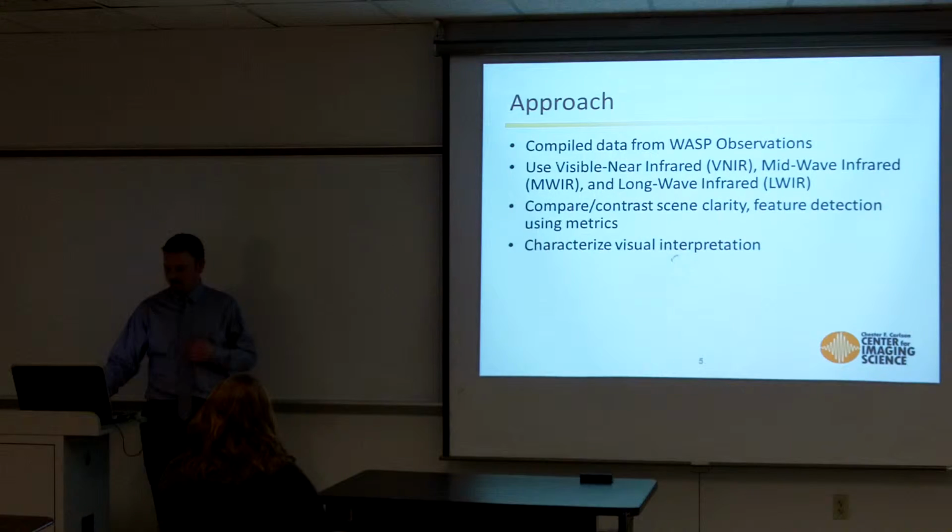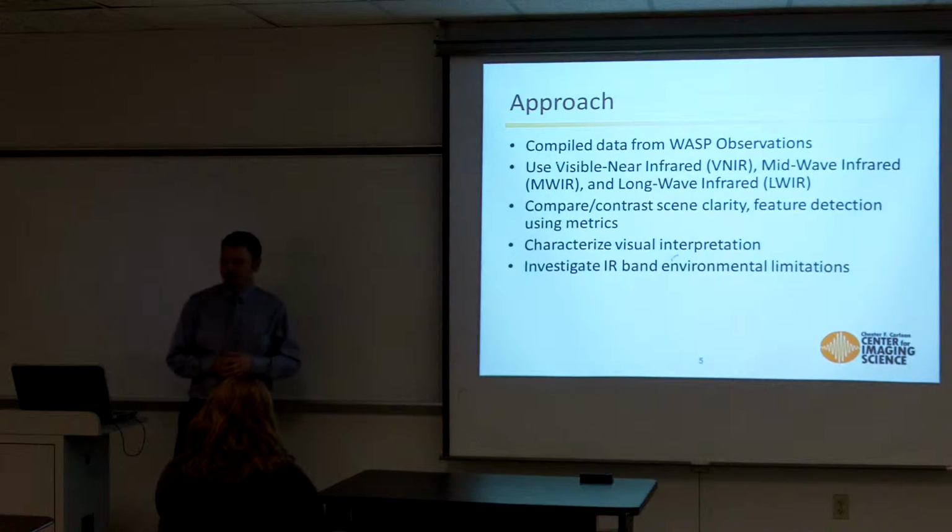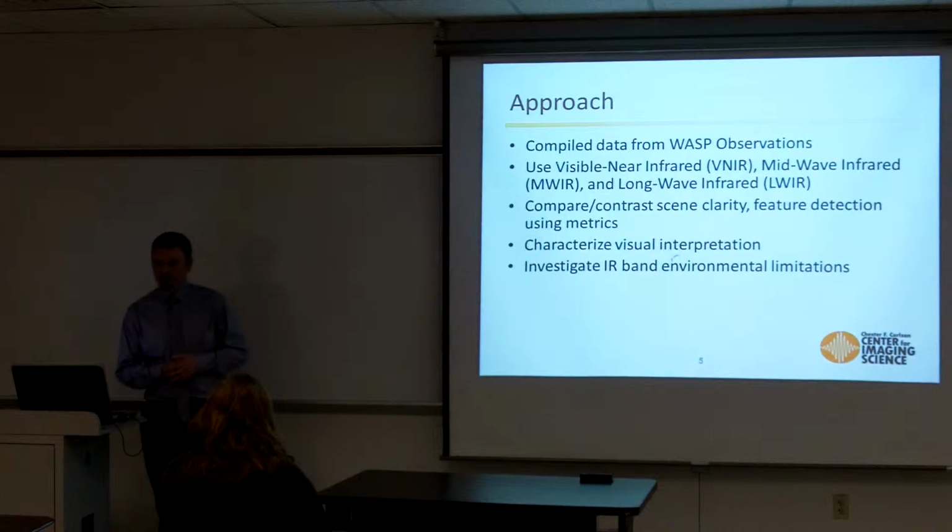And then, as always, there's some visual interpretation with any observations of this type. And then you can investigate the IR environmental limitations, such as with astronomy, your atmosphere conditions, and can grossly affect what you're observing.